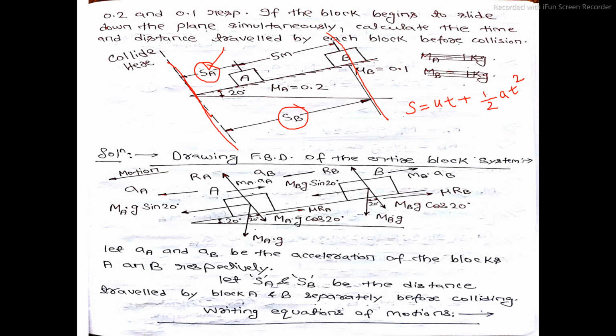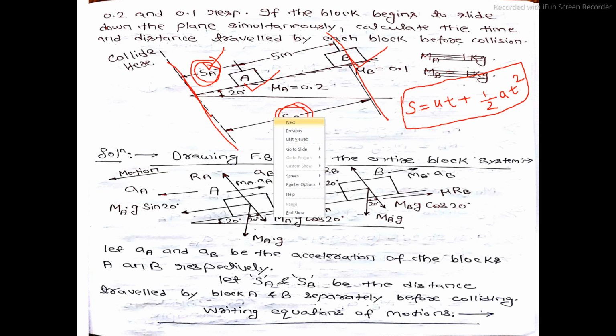So we will write down the second equation of motion for block A separately and for block B separately, and then from those equations we will find out SA and SB. So let us write down the equation of motion for block B first.